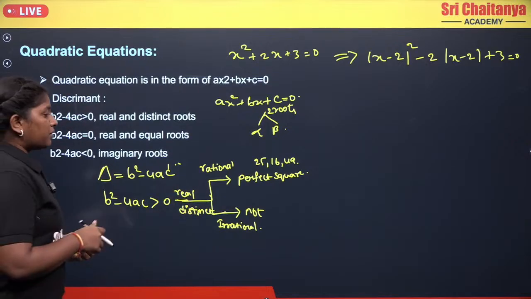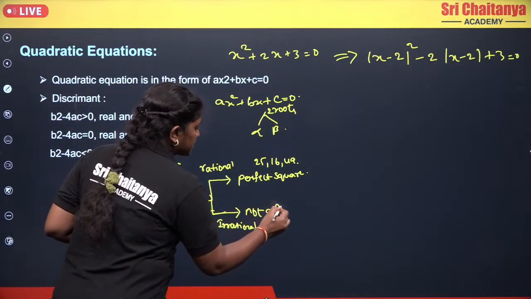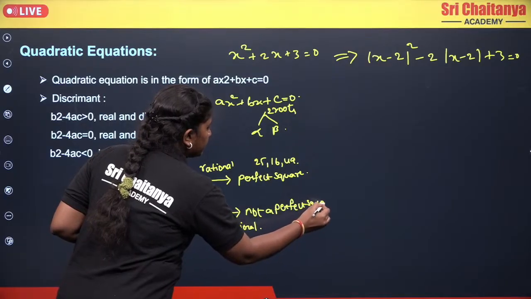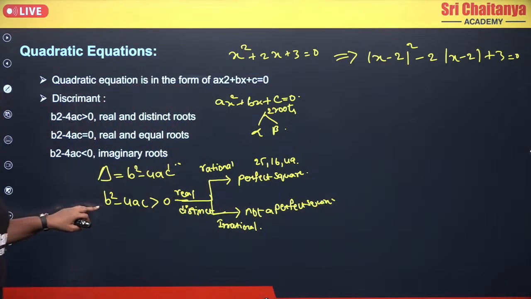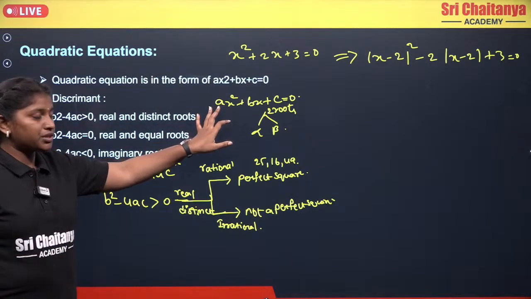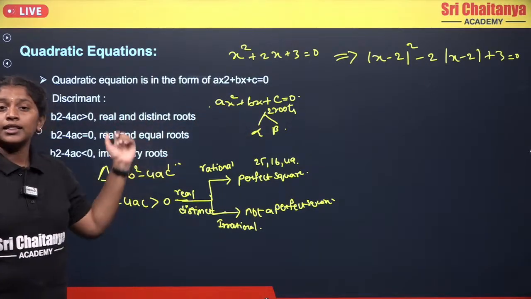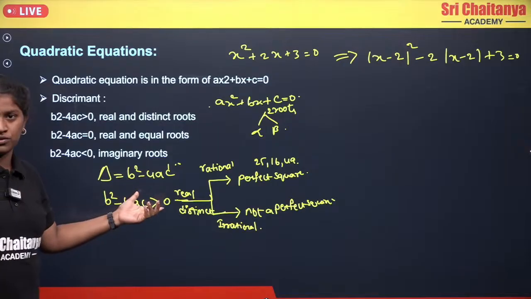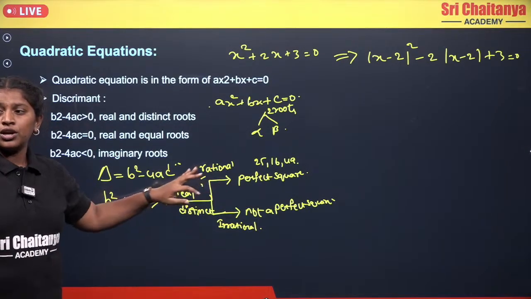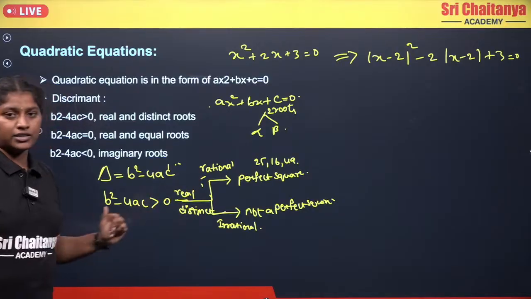Okay, now coming to here, if we are having not a perfect square, then it will be of your irrational. Clear? So b square minus 4ac, if you compare your given equation with your ax square plus bx plus c, then you will get your a, b, c values. So from there you will get the real and distinct, and from those you will get your rational and irrational.